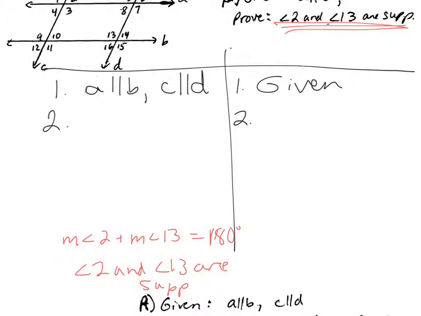And I think you can agree with me that if we saw that equation, we would definitely conclude angle 2 and angle 13 are supplementary, because my definition of supplementary angles tells me that if two angles add up to 180 degrees, they are supplementary.